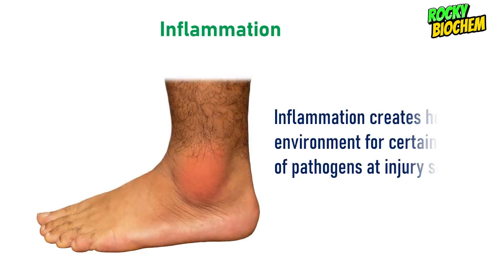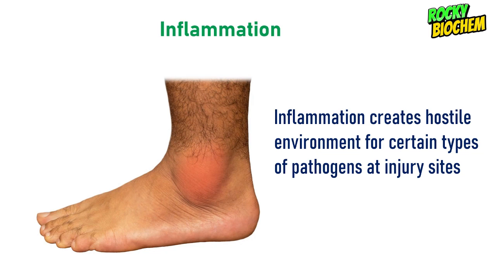One central part of innate immune response is inflammation. Inflammation creates a hostile environment that interferes with the survival of the pathogen at the site of infection. What happens is that the inflammatory response will trigger the release of phagocytes into the site of infection, and as they get there, they begin to engulf the pathogens.